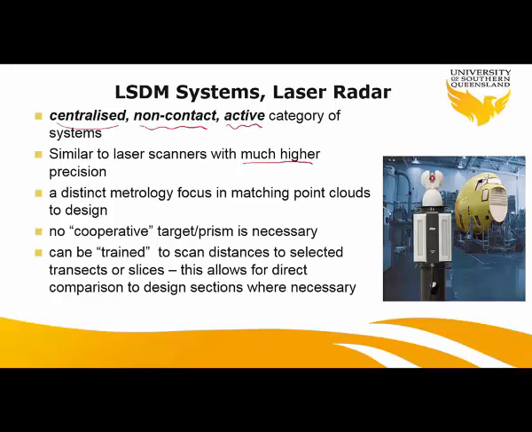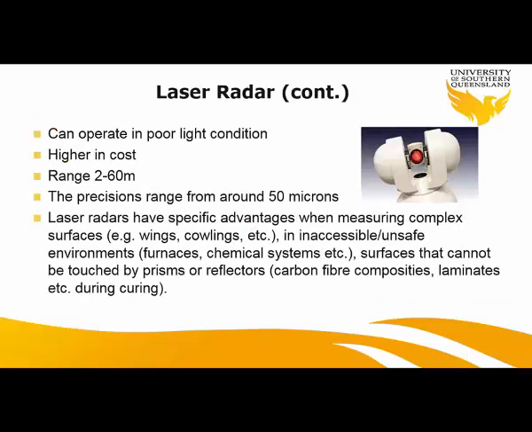It can basically be used for matching the point cloud to the design specification and finding out the accuracy requirement and dimension. It can use a cooperative target or prism. It's like laser scanning; you need to have some kind of prism to match the point clouds together. It can operate in poor light conditions, so it's not like a total station.